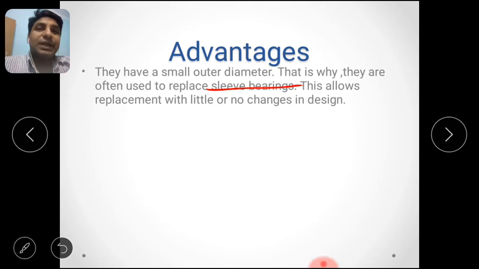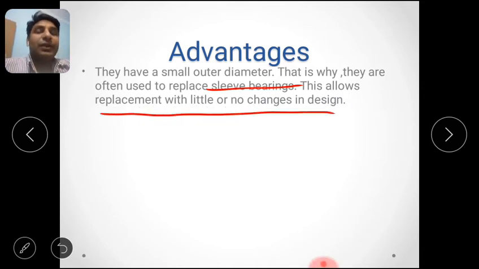A sleeve bearing is basically a sliding contact bearing, and this allows replacement with little or no changes. If you want to replace your sleeve bearing, you have the better choice of needle bearing. This is the main advantage of needle bearing.